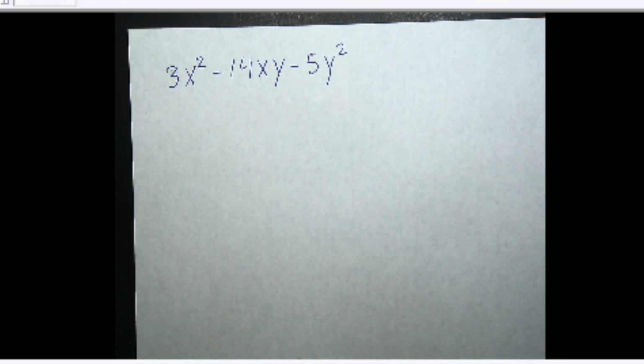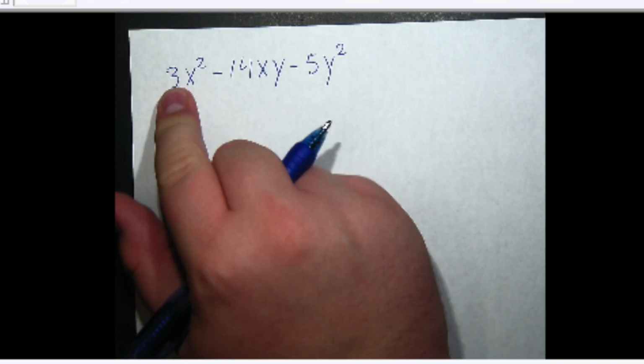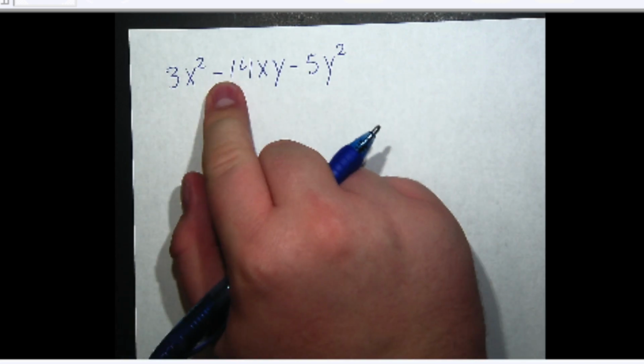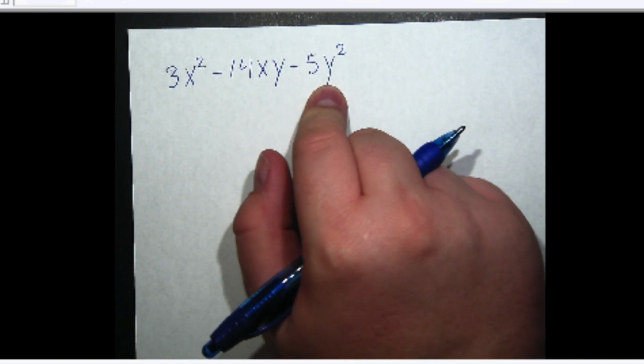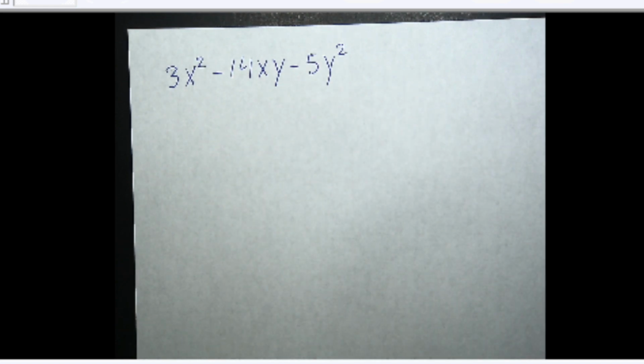But just because we have more than one variable here doesn't mean that this isn't the same thing we've been working with. We've still got ax squared plus bx plus c, and we can still do our AC method.